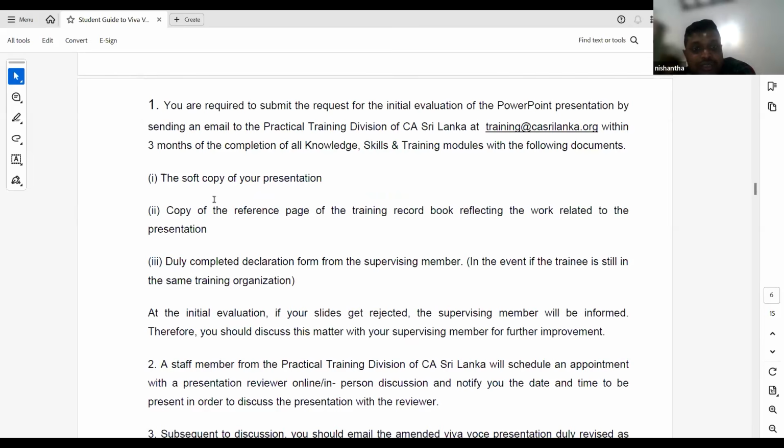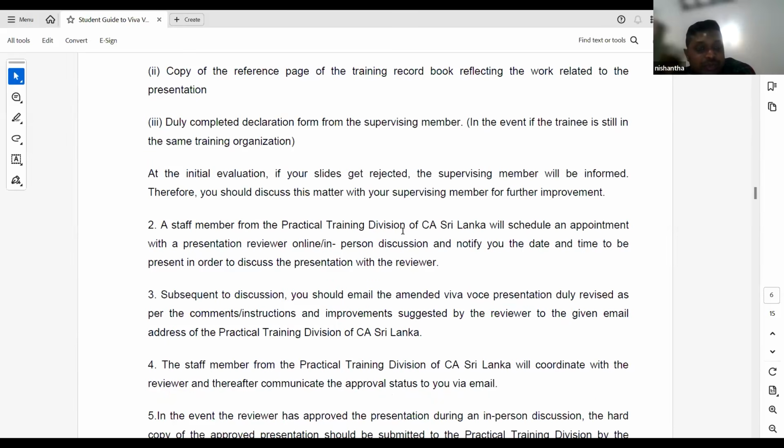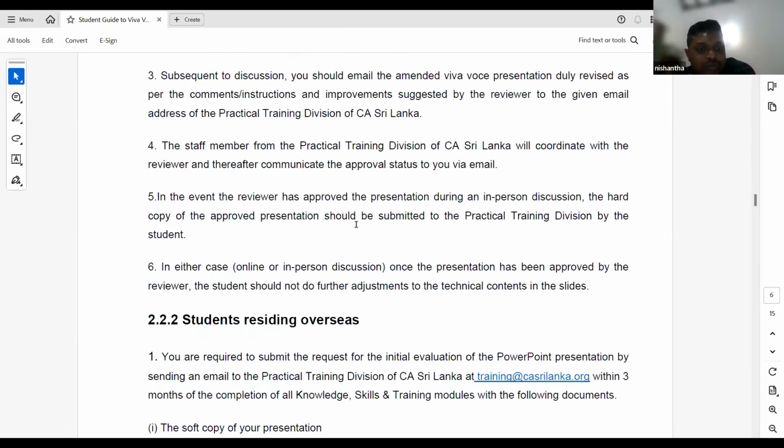Right, these are the things. A soft copy of the presentation you need to share. And if it is rejected, you have to deal with the supervising member there, and then further improvement needs to be done. That is what you need to do.